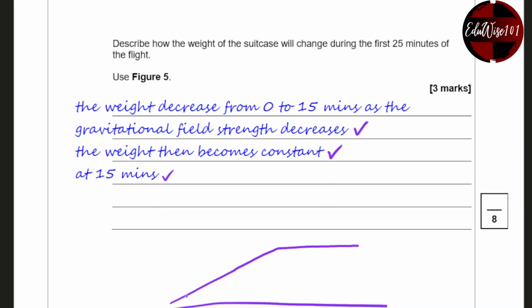So the gravitational field strength decreases as the height increases here, and then the height is remaining the same, so the gravitational field strength remains the same. That brings us to the end of question number 2. Let's have a look at question number 3.